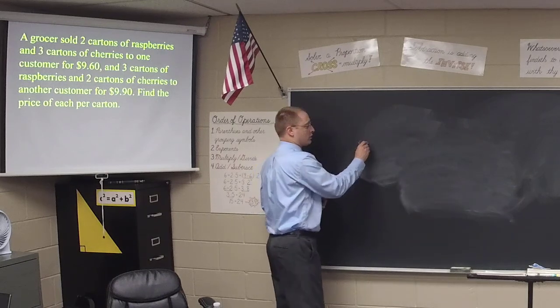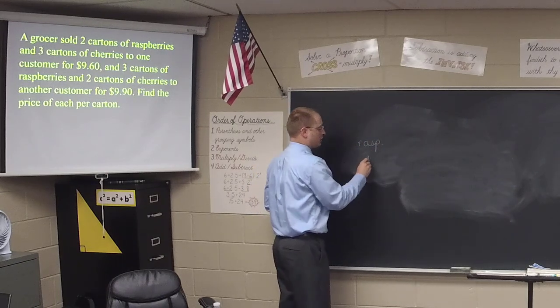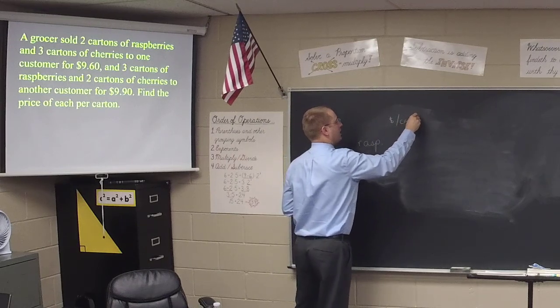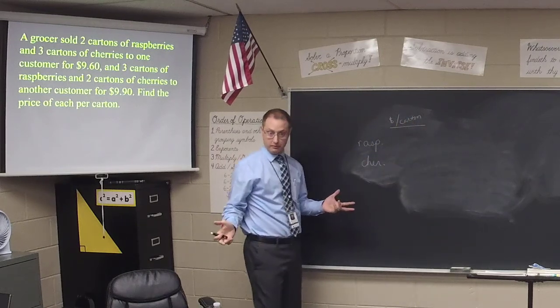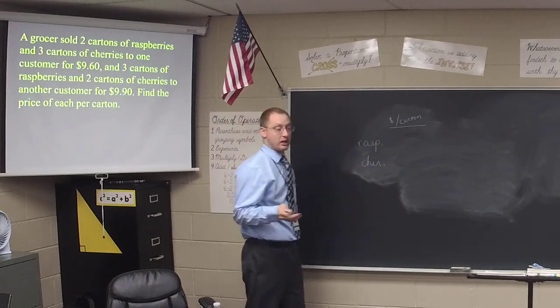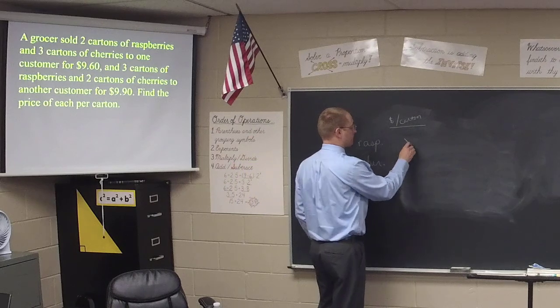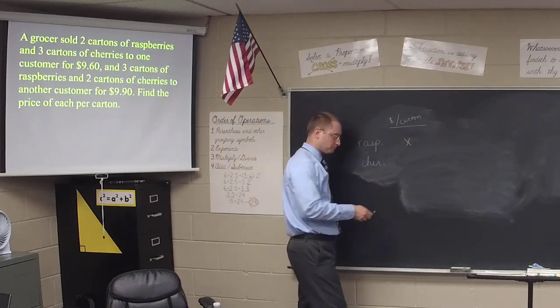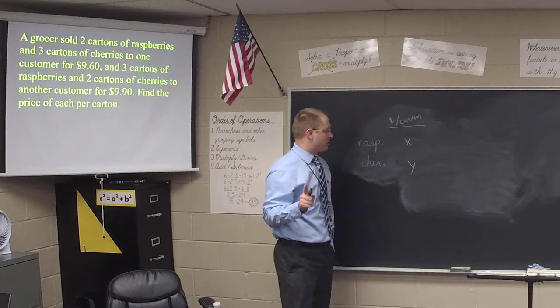We just don't know what the price is for each. So for my raspberries, doing this with me on your paper, and for your cherries, it's the price per carton that I'm trying to discern. And since I don't know the price per carton, I could say for raspberries class, the price per carton is X. And since I don't know the price per carton for cherries class, I could call that Y. But I know this.